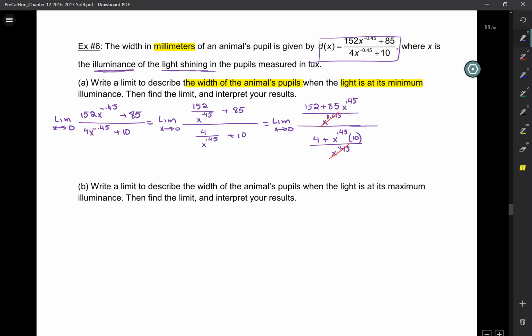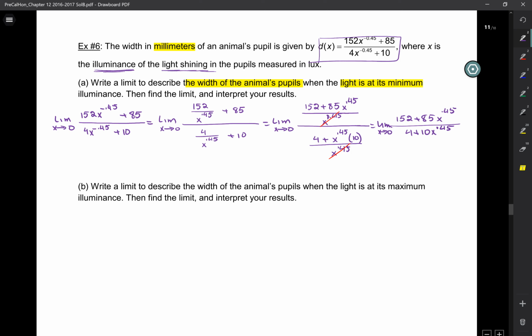So now I have 152 plus 85. Are we okay here? Okay.